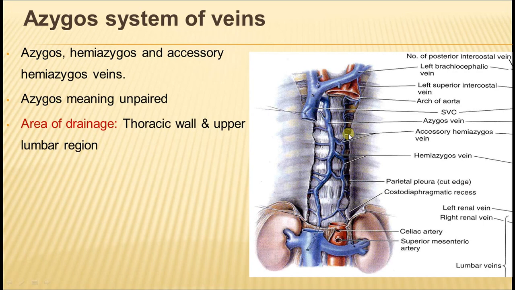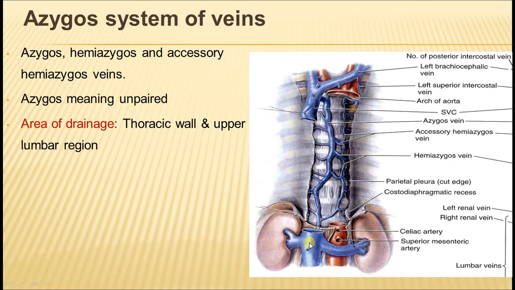The Azygos system of veins gains importance because it serves as a collateral channel which connects the superior and the inferior vena cava. So in case of any obstruction, blood can reach the right atrium either through the superior vena cava or through the inferior vena cava.